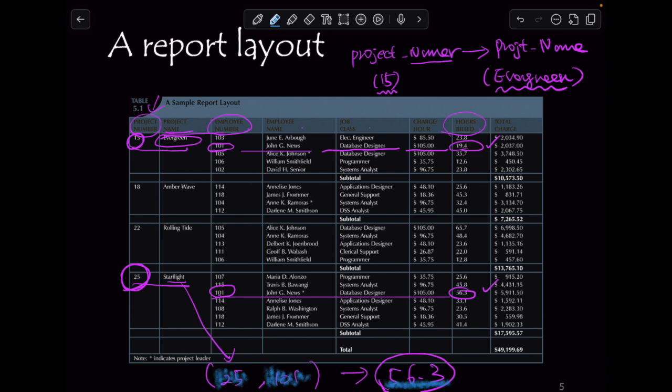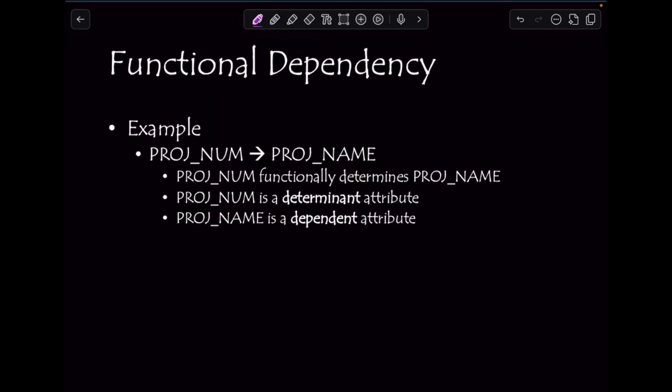Okay, let me summarize what we have discussed here using these examples. The one example I showed you is project number determines project name, because if I give you one value of a project number, you can determine just one value of a project name. Then we say that project number on the left side functionally determines project name on the right side.